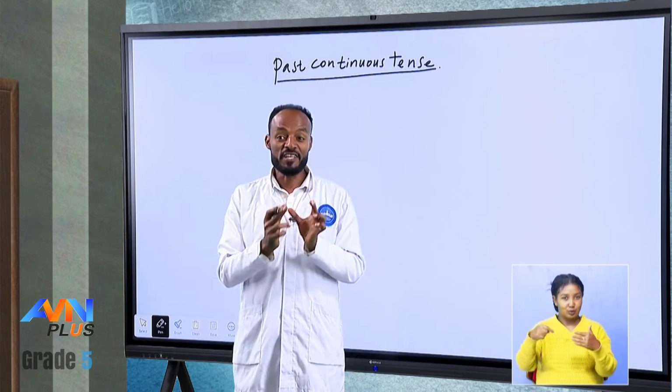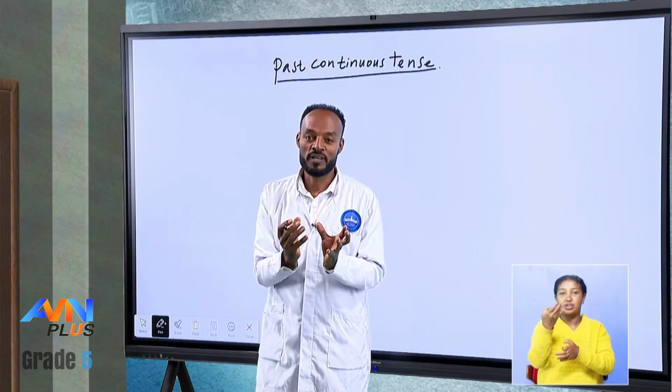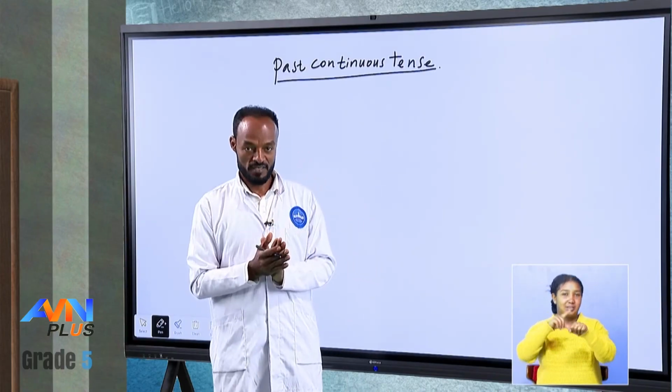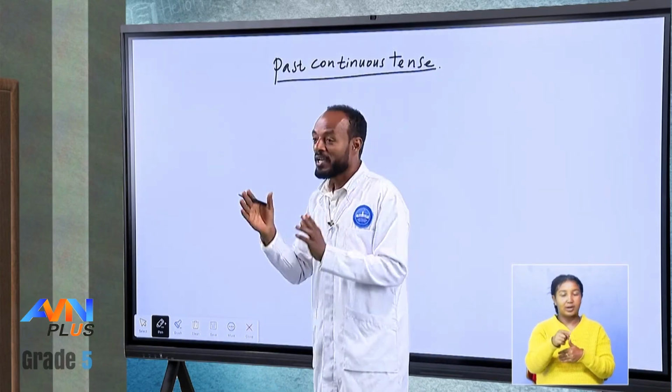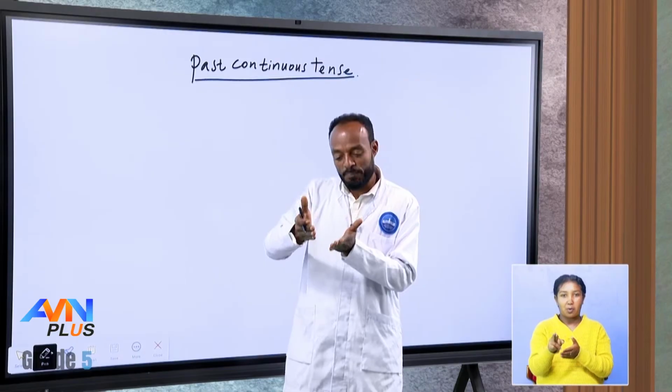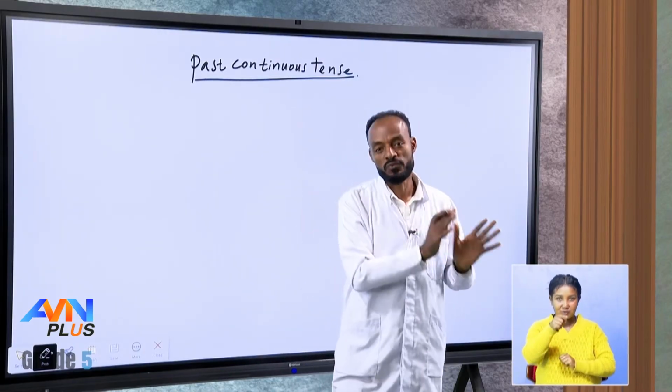At the end of today's lesson, you are going to describe the function of the past continuous tense. And then you are going to change positive sentences into their negative form and their interrogative form.